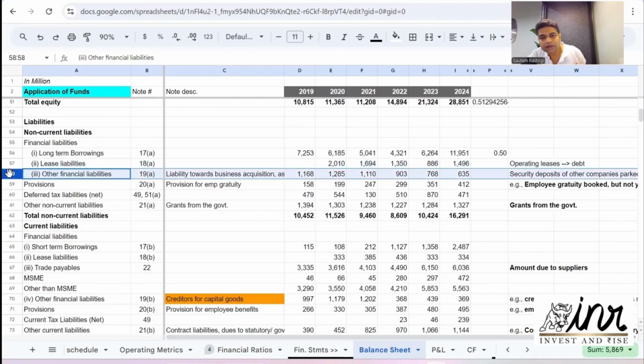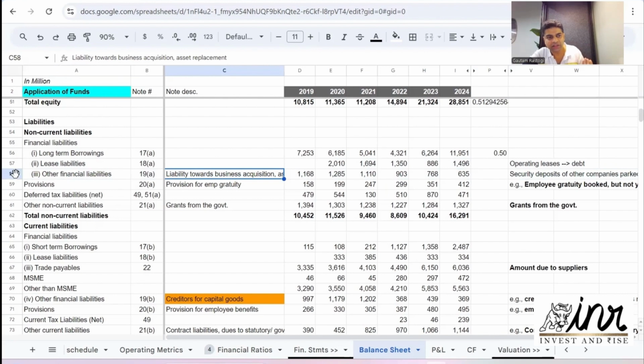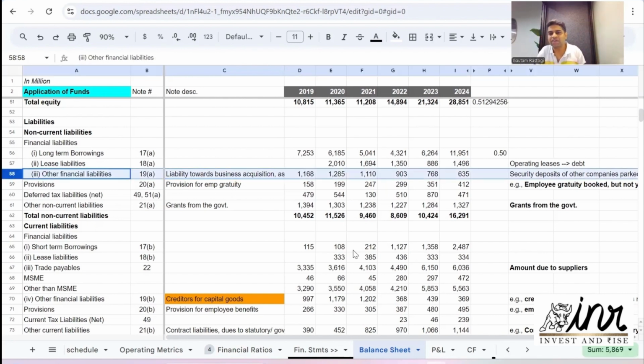Okay. Other financial liabilities. Here, within non-current liabilities, other financial liabilities usually include security deposits of other companies parked within your company. Some other business has given you some security deposits because they want to do some business with you. So you secure a portion of their money. I'll give an example.